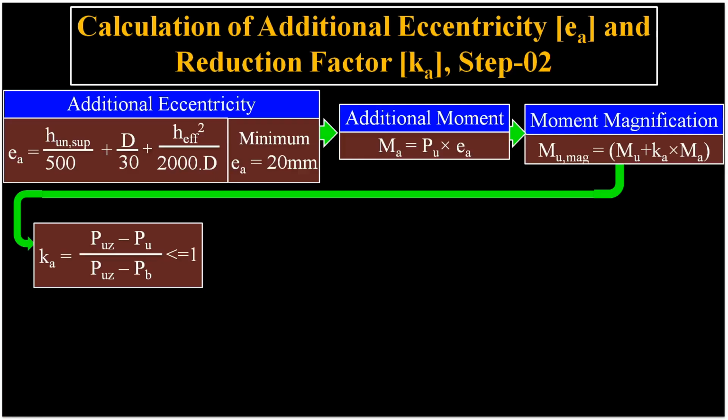Hence it is also called reduction factor. Here, Puz is the ultimate axial load capacity of the column at zero eccentricity. That means column without any moments. Pb is the equilibrium load. This load is nothing but the axial load that a column will experience when there is moment on the column.